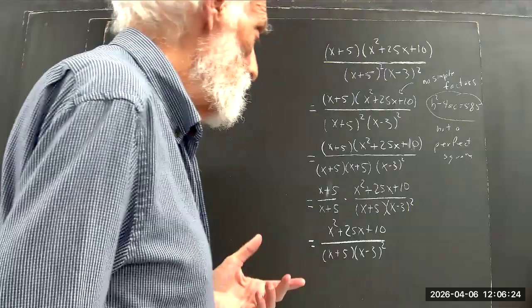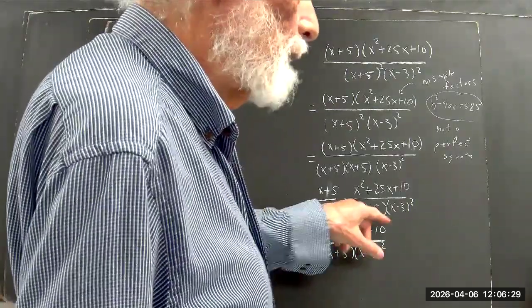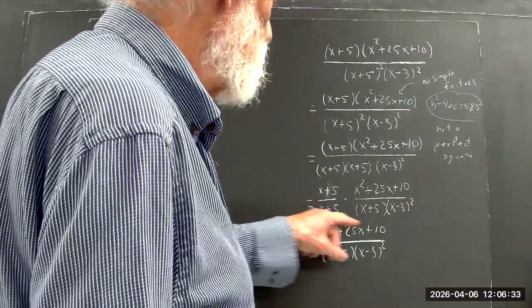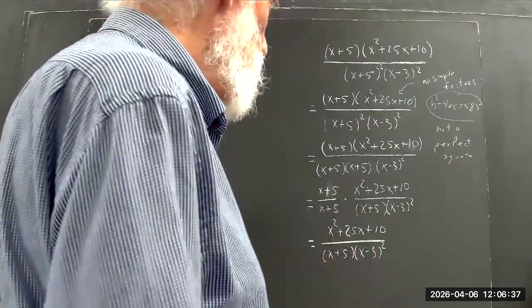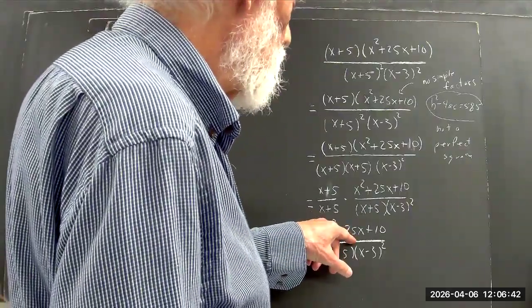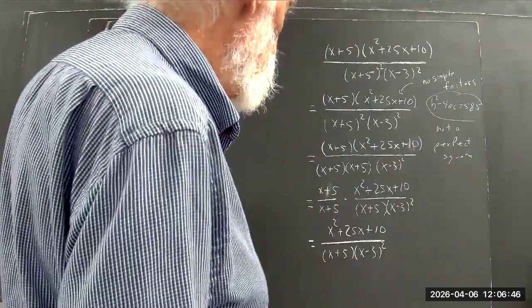You can double check: if x plus 5 was a factor of x squared plus 25x plus 10, then negative 5 would be a 0 of it.